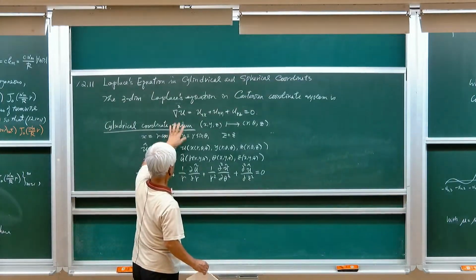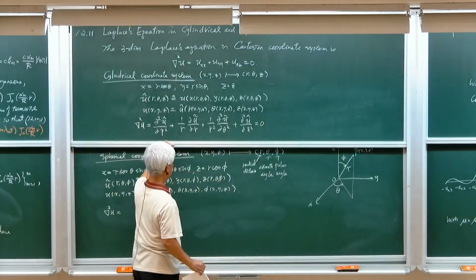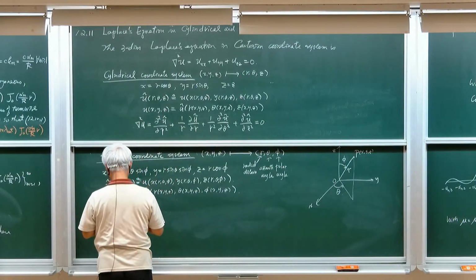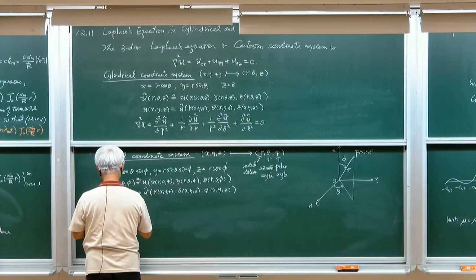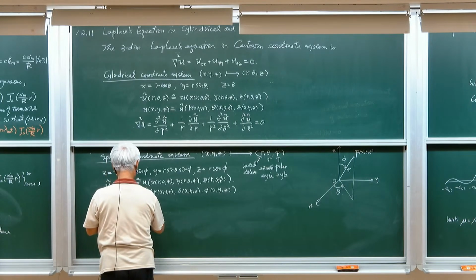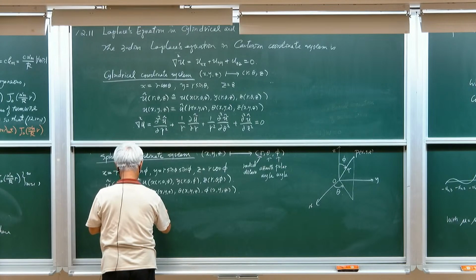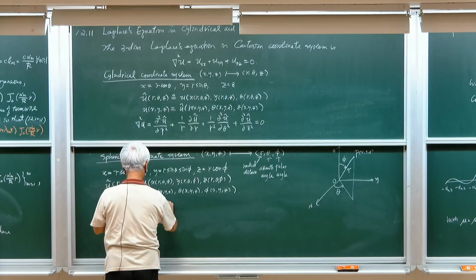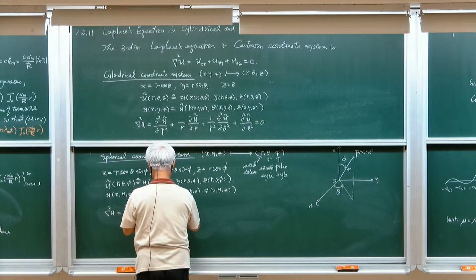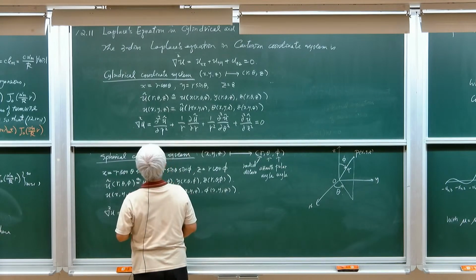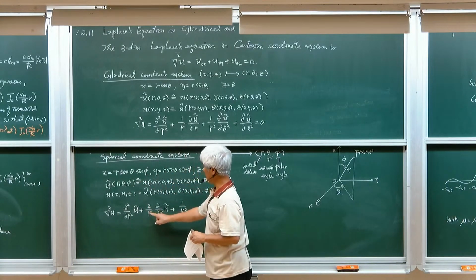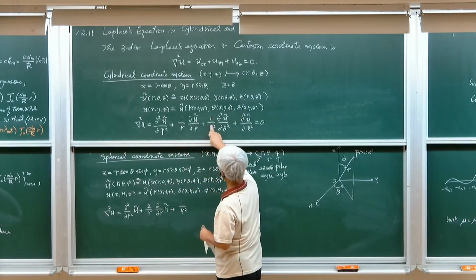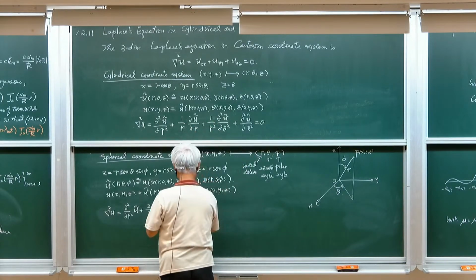The Laplacian of u. When we do the coordinate transformation, then we will have u tilde rr plus 2 divided by r u tilde r plus 1 over r square u tilde phi phi, plus cotangent phi over r square u tilde phi, plus 1 over r square sine square phi u tilde theta theta. So here you can see 2 divided by r instead of just 1 divided by r.